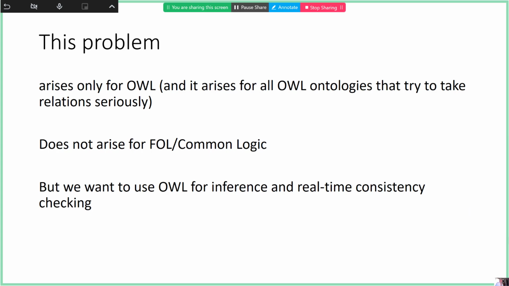It arises for OWL because OWL only allows binary relations. We want to use OWL because only using OWL can we do inference in real time and check consistency in real time when we're applying the ontologies in industrial software.